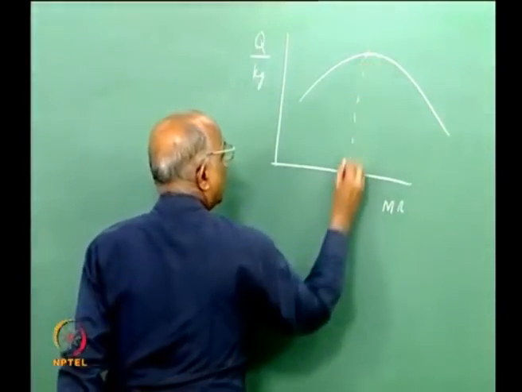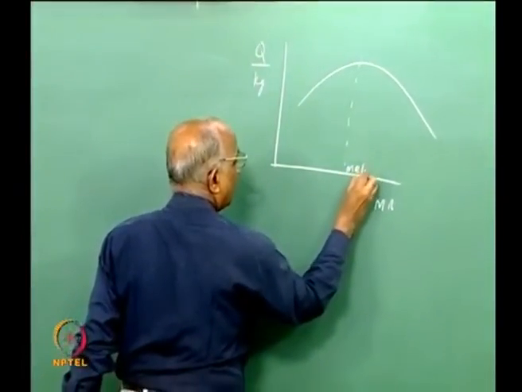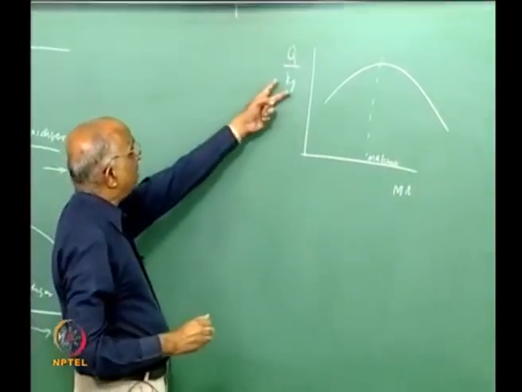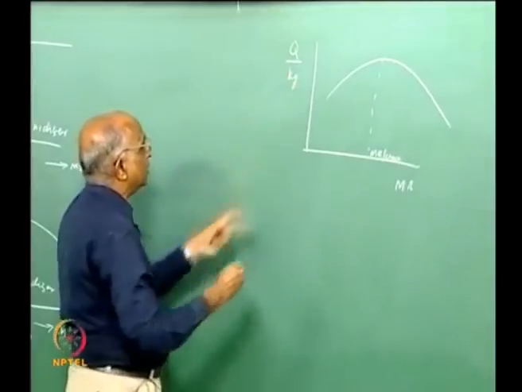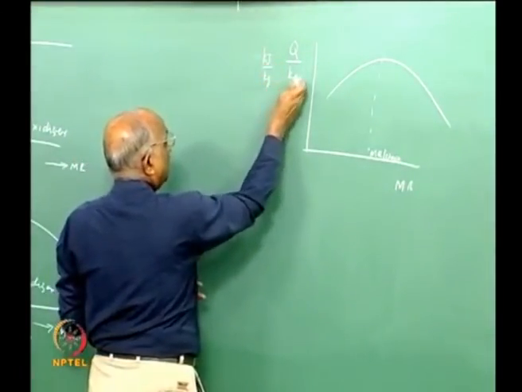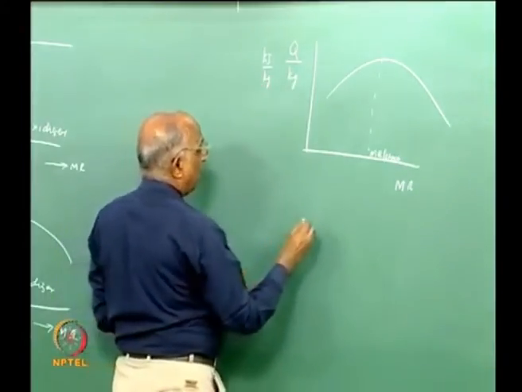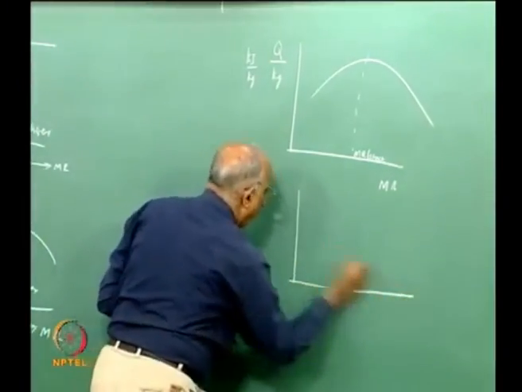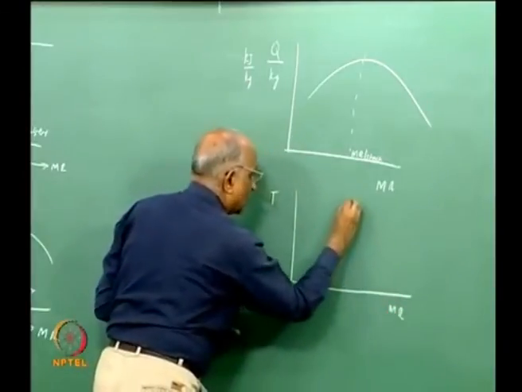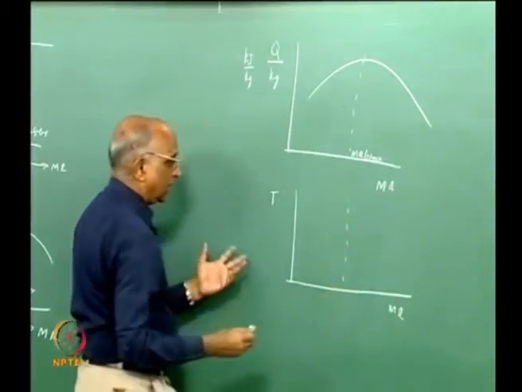This corresponds to the stoichiometric mixture ratio. Going one step further, I divide this Q per unit kg, something like kilojoules per kilogram, by the specific heat, and therefore now I can get the value of temperature versus mixture ratio, and this is what I show in the next figure.